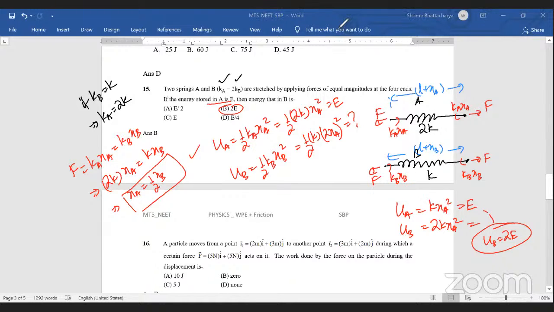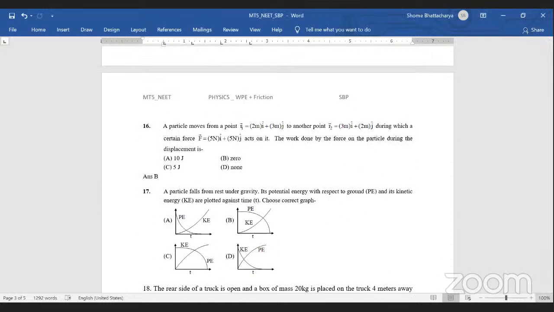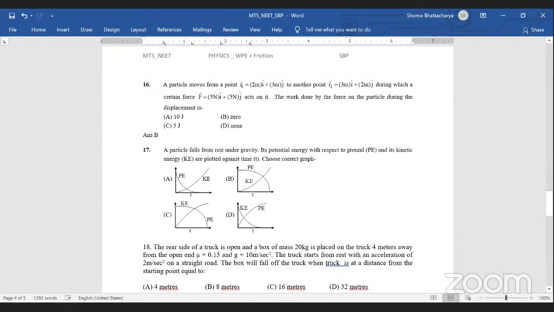Okay, let's move on. Sixteenth and 17th question, go through it. 16, 17, 18. Let me know if there's any doubt.